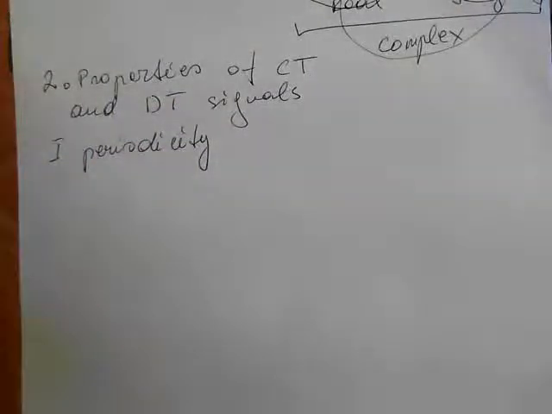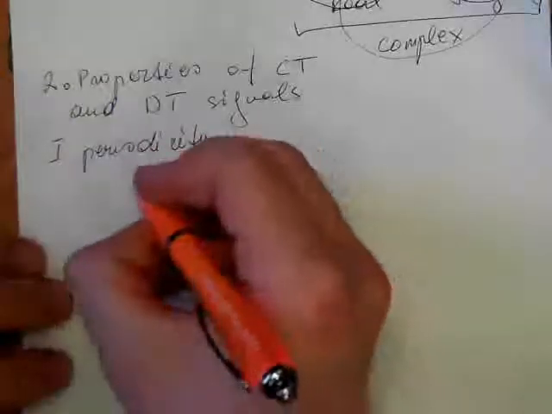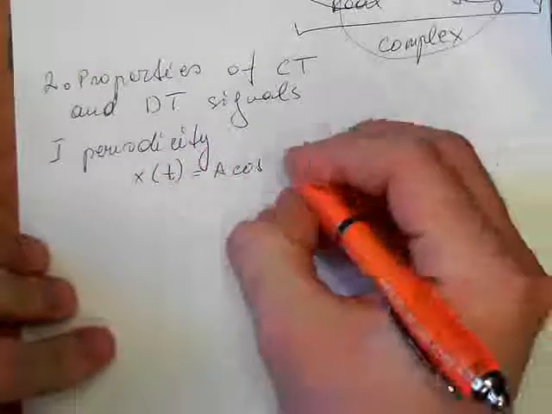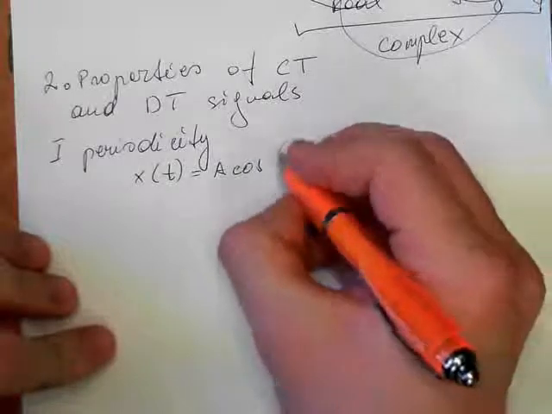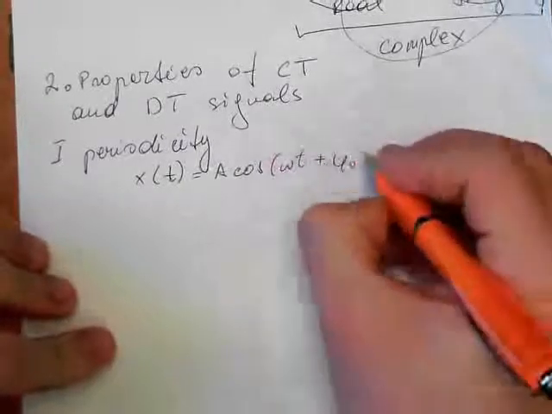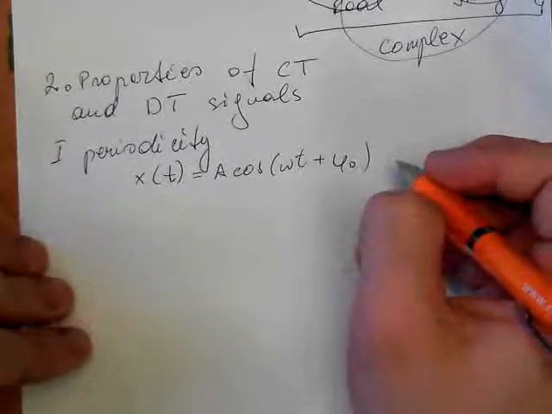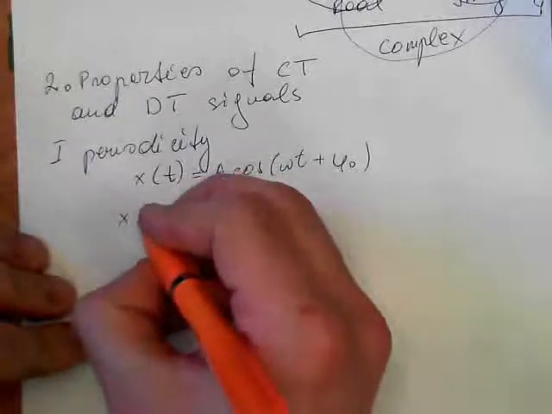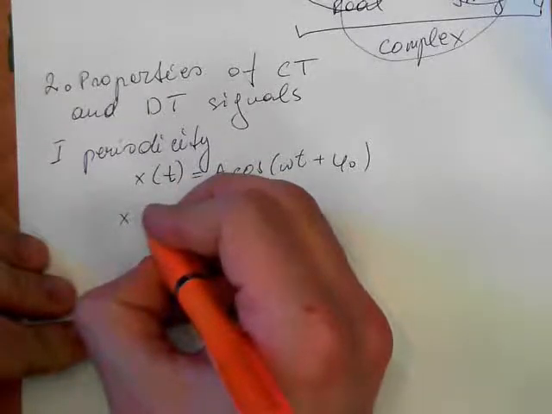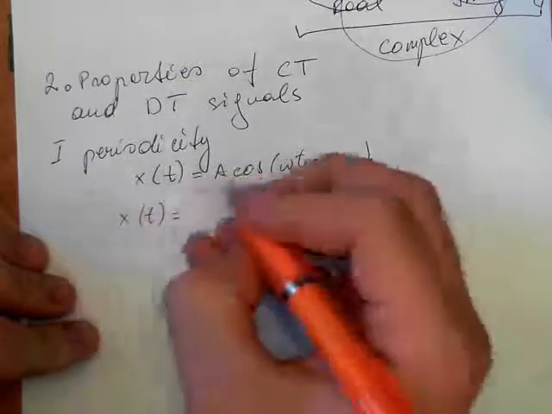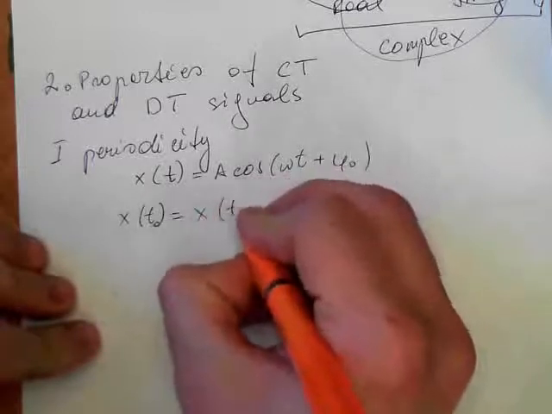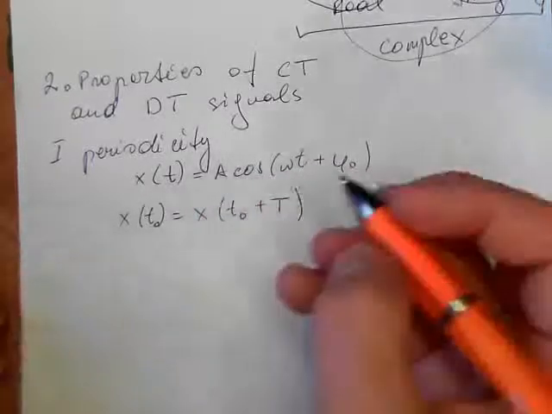If we have a continuous time signal x(t) = A cos(ωt + φ0), then this signal is periodic if the rule is correct: x(t0) equals x(t0 + T).